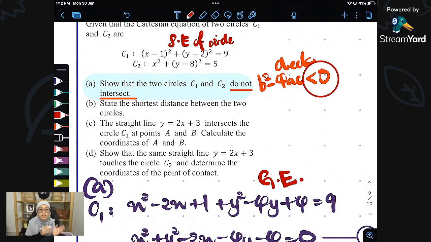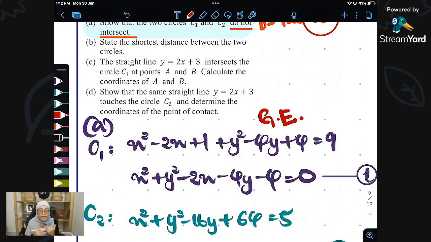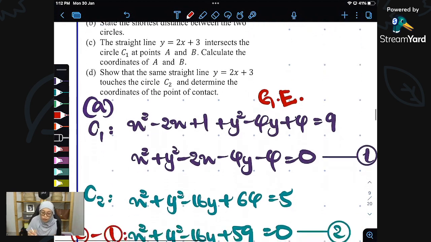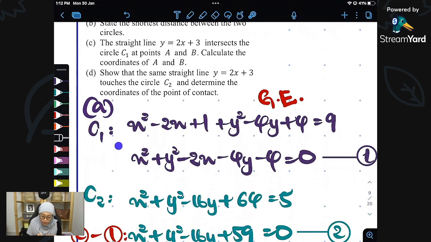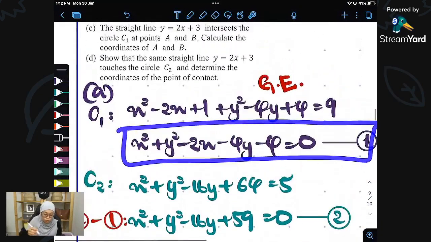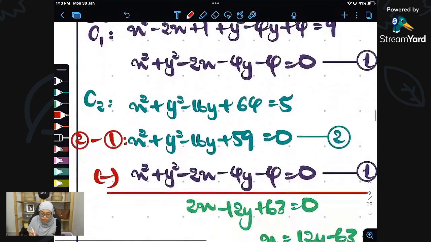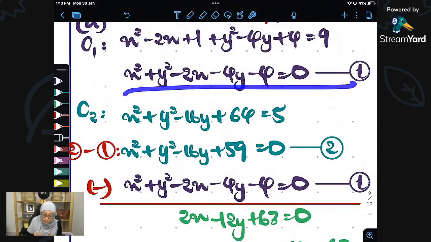Alright, I need to change it into GE sebab senang saya nak masukkan y subject ataupun x subject ke dalam salah satu circle equation. Alright, so it's okay, have a look here. So this is my first equation. I already expanded from SE to GE. Maybe I should write it down. From SE to GE. So this is my two equations lah.